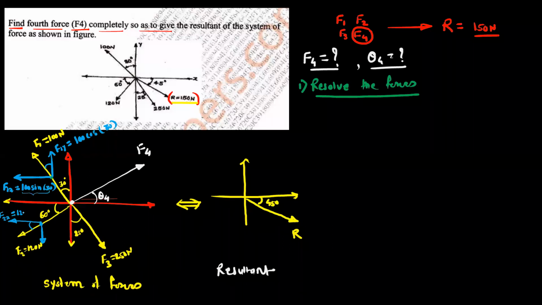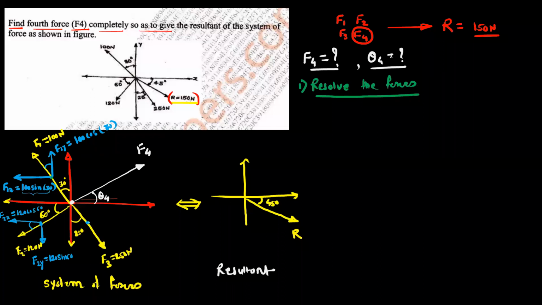So the force is 120 cos 60. And this is the Y component, F2y, which is equal to 120 sin 60. Don't give a negative sign because F2y is already in the downward direction. In the calculation, you can give the sign.